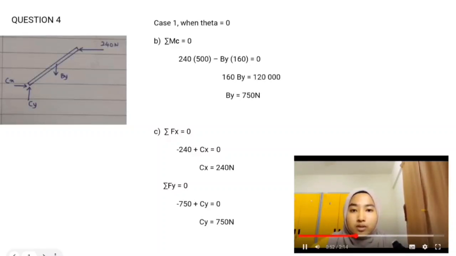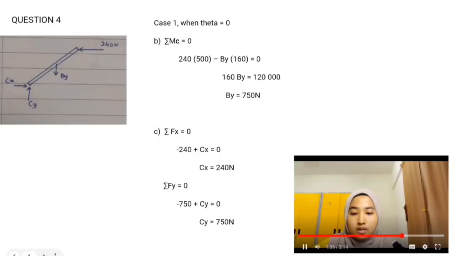As we know, moment is force multiplied by perpendicular distance. 240 Newton multiplied by 500 minus By multiplied by 160 equals 0. So 160 By equals 120,000, and By equals 750 Newton.